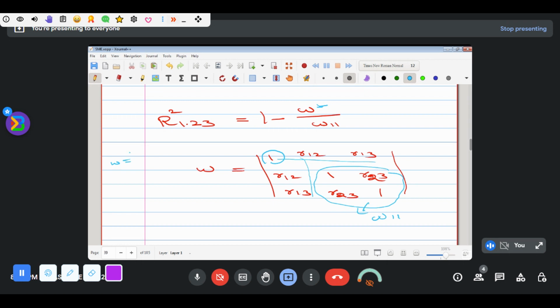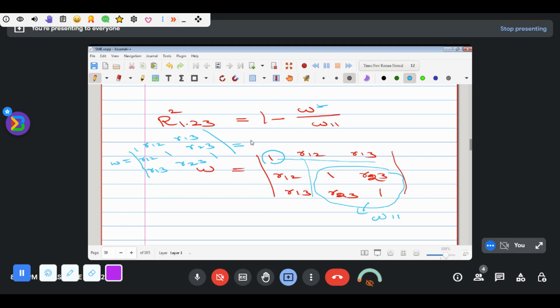Omega equals 1, R12, R13; R21, meaning R12, 1, R23; R31, meaning R13, R32 and R23 are equal, therefore R23, 1. So find this determinant value. We already know the determinant concept for the 3 by 3 case. Please check this result.